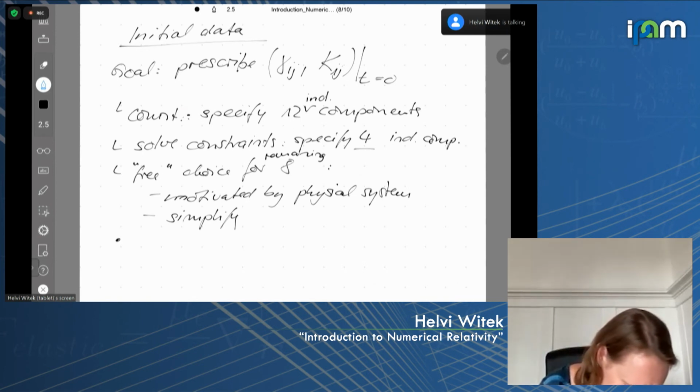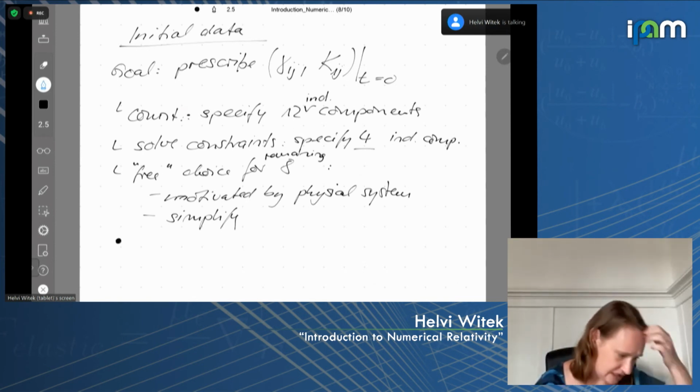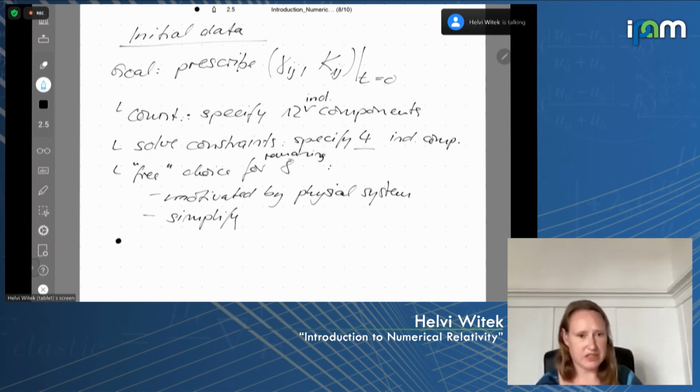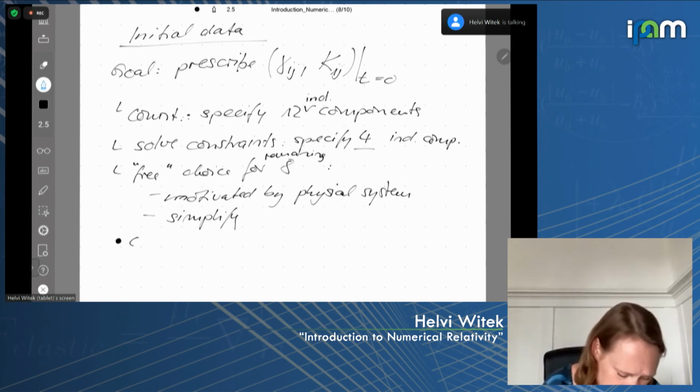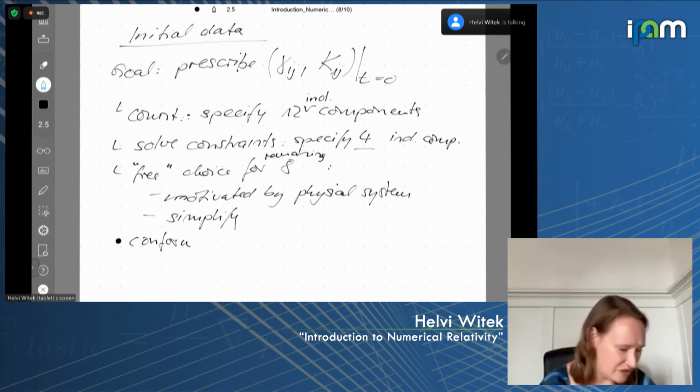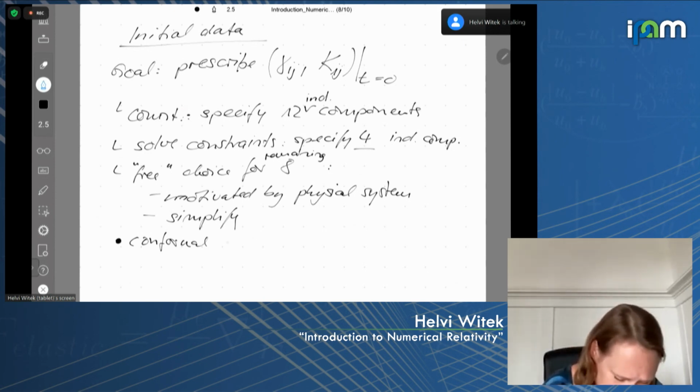And what's commonly used, at least in the Einstein toolkit, I believe also in Giacomo, and I will mention those in a minute again, is a conformal decomposition, York, and I hope I pronounced the name correctly, where we do the following.